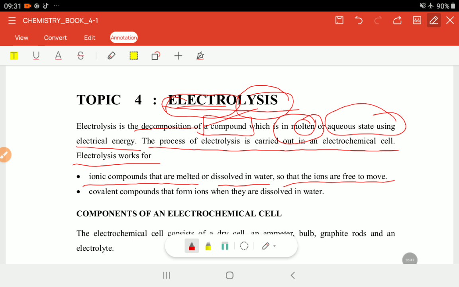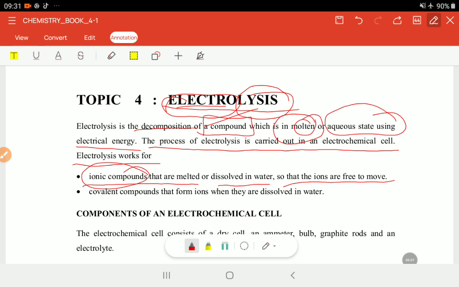So electrolysis happens in ionic compounds, and you know ionic compounds are the compounds we get when a metal combines with a non-metal.